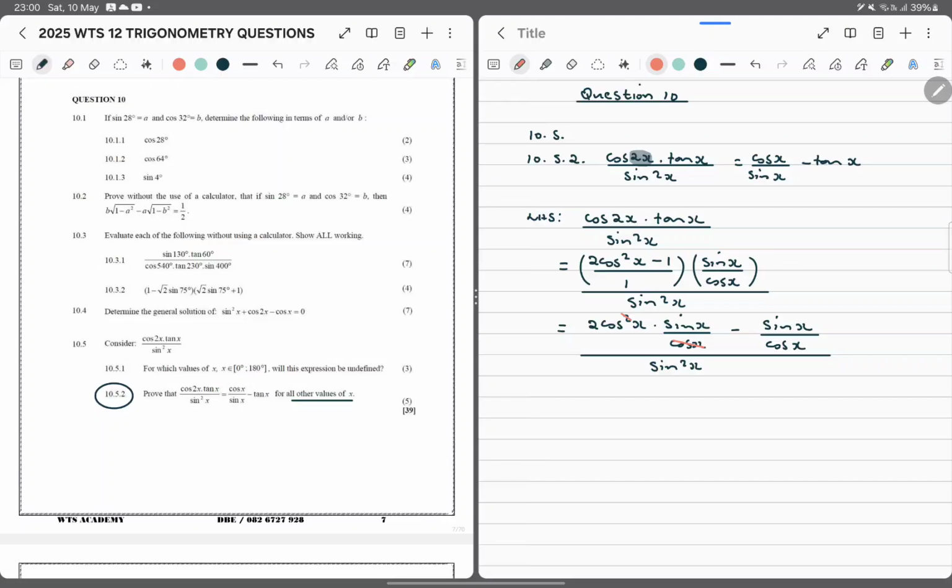Yeah, it is what it is, okay? But it's driving us home, folks, not to worry. So this is now 2 cos x sine x. And now all of that is divided by this denominator, just sine squared x.